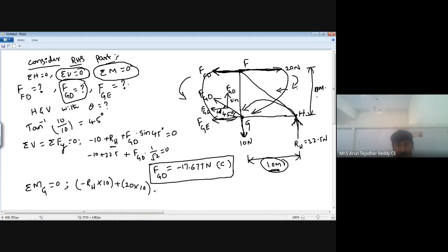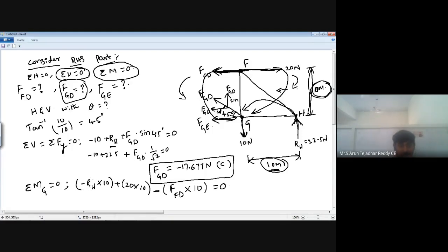So take negative, minus FFD, with the perpendicular distance of 10 meter only. Because FFD is also horizontal, you can take the vertical distance, that is 10 meter, is equal to 0.